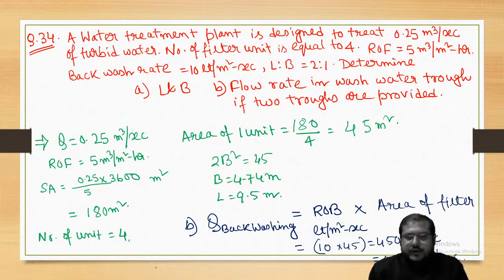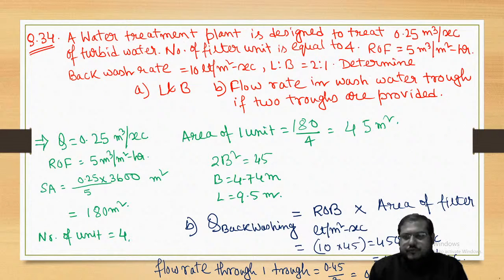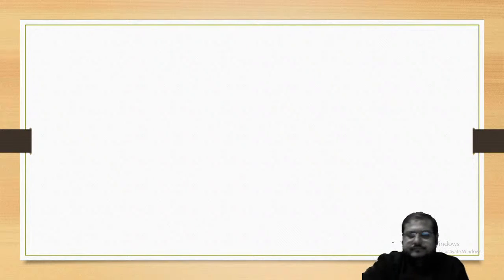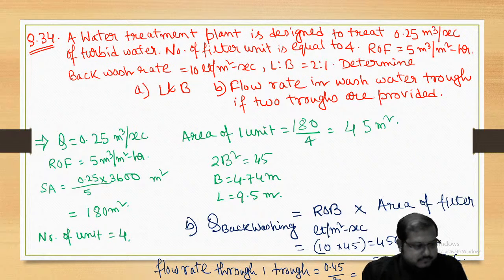So flow rate through one trough will be 0.45 by 2, that is 0.225 meter cube per second. Okay.